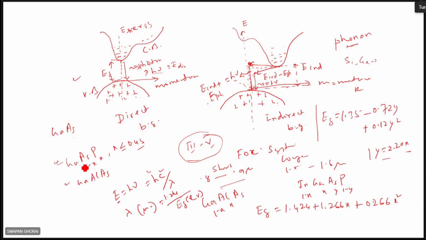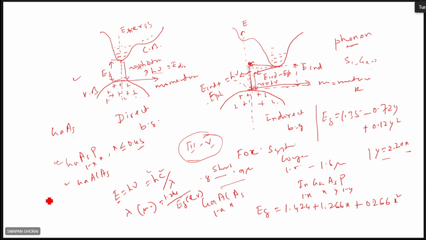For example, if you consider gallium arsenide phosphide with 1 minus x the mole fractions, then if x is less than or equal to 0.45, then it is direct band gap type. But if x is greater than this, then it will be indirect band gap type, right? So generally, it must be 3,5 compound semiconductors, and these combinations can be binary, ternary, or quaternary.